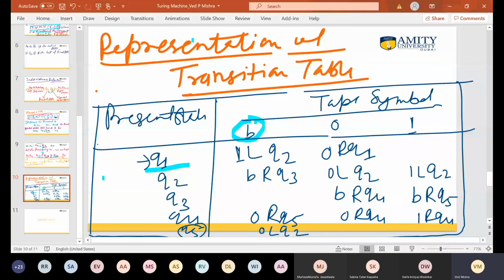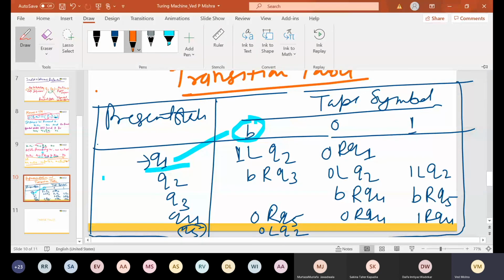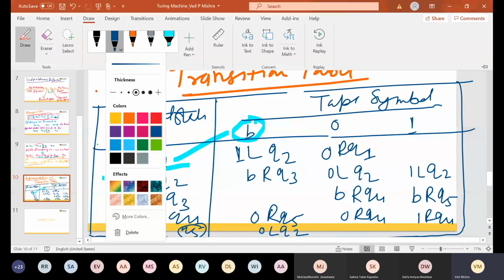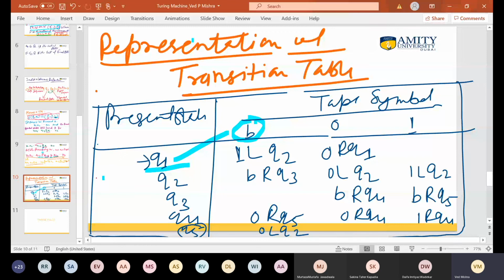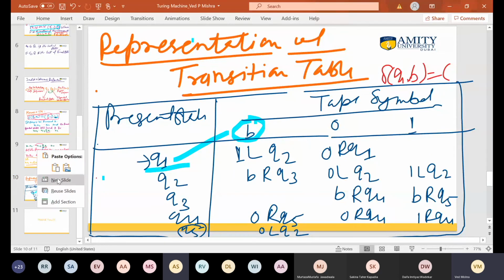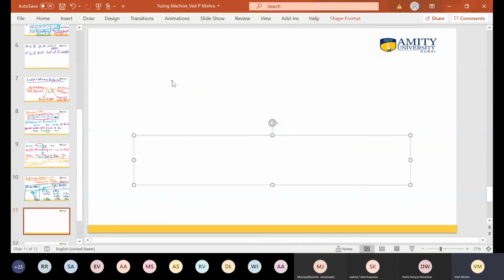B. So Q1 B. To write it in the form of a transition so that you understand better, I will take it on a separate slide.